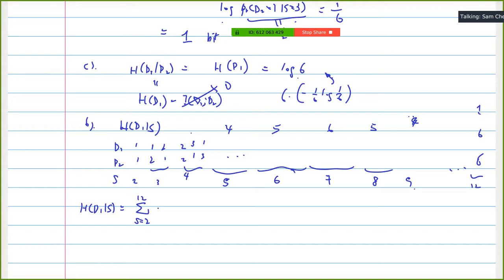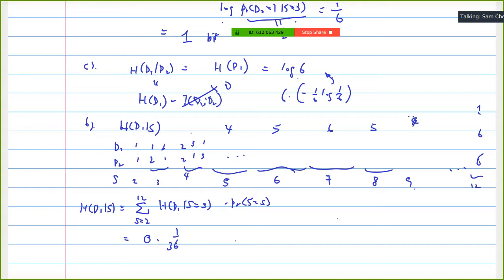So it's H(D1 given S equal to small s) times the probability of S equal to small s. When S equal to 2, there is only one case, so the entropy is zero. If you only have one case, then it is completely certain, so D1 can only be 1. So the entropy is 0 times the probability, which is 1 over 36.